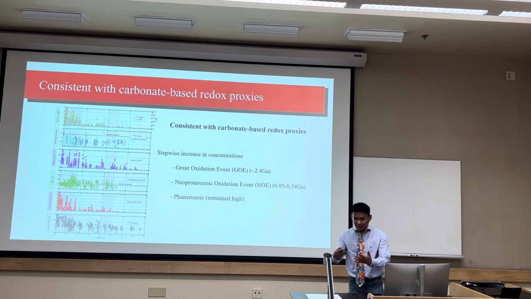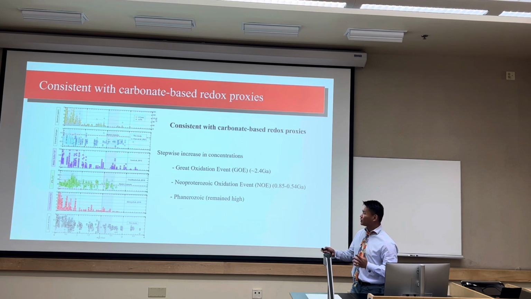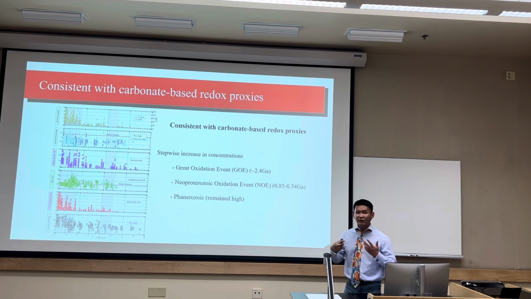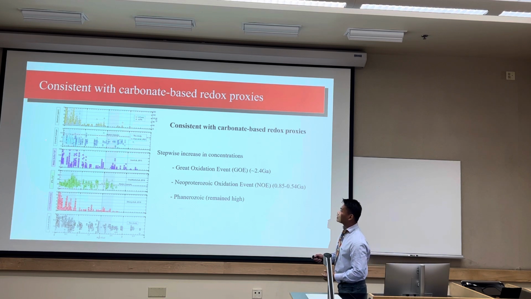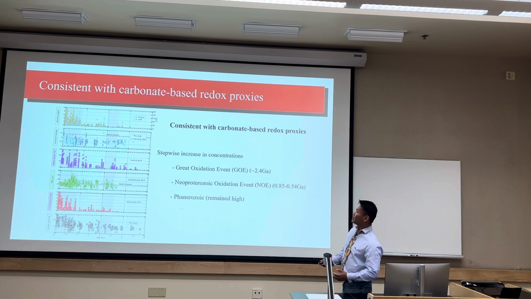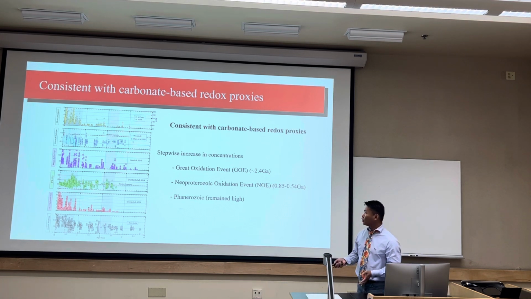As another step, I compared the uranium concentration in carbonate with other more developed carbonate-based redox proxies. In this diagram, we have data from uranium isotopes, zinc, sulfur isotope, iodine, and cerium anomaly, and all these secular trends show consistency.